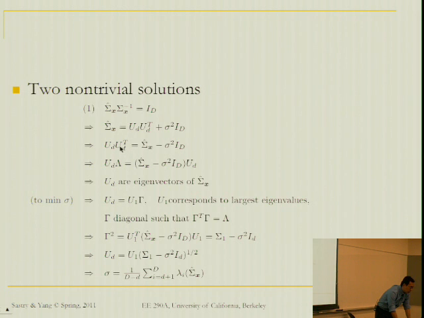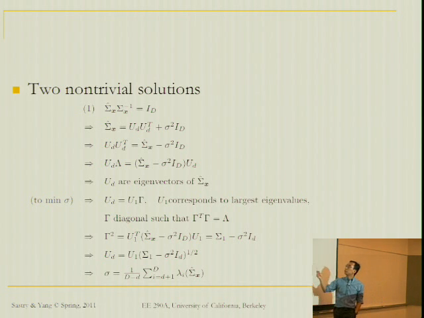Because I assume that the UDs are linearly independent, that gives me a diagonal matrix, capital lambda. So I multiply both sides by UD, and I get this equation. As I mentioned last time, if you see this type of equation, a matrix times UD equal to UD times a diagonal matrix, it means UD is the eigenvector of this matrix.